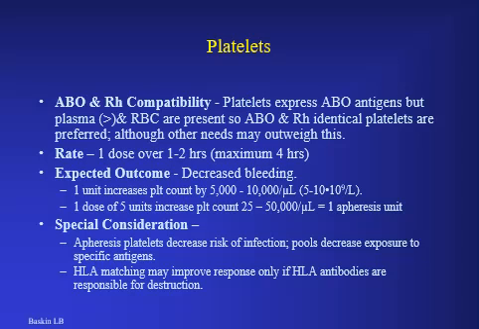They are also given over a 1 to 2 hour period, and the expected outcome for 1 unit of platelets would be about 5 to 10,000 per microliter. So a dose of about 5, you'd expect to have an increase of 25 to 50,000, which would be about the same thing you'd see with 1 apheresis unit.